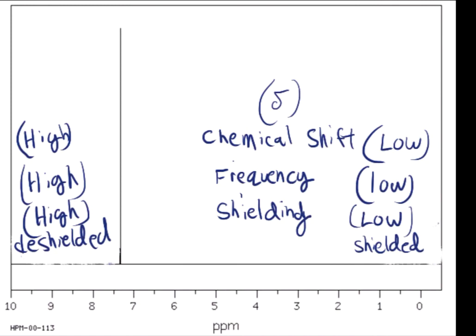And the last thing I want to mention, and we're not going to use these terms, but I'm going to point them out in case you hear them in passing, likely from people that are much older than me. There used to be a description of the NMR ppm scale as low field and high field. And field here actually relates to the strength of the magnetic field.